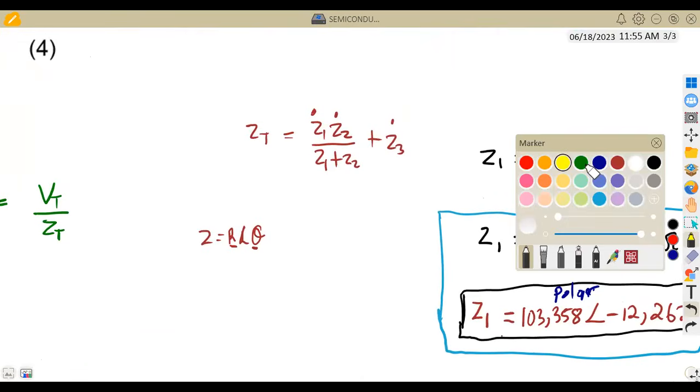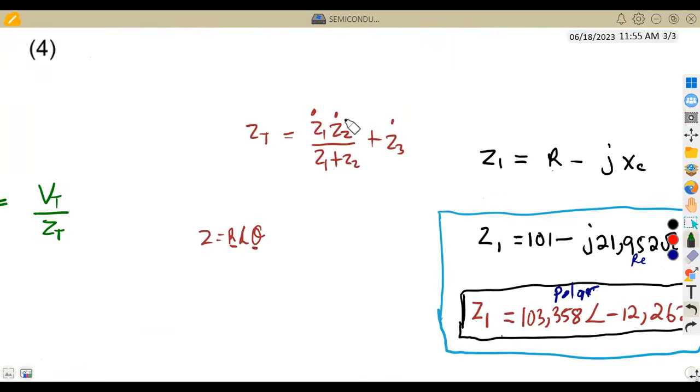That is our ZP, the product over the sum. So to find ZT, we are going to add Z3 to our ZP, which is our parallel combination.